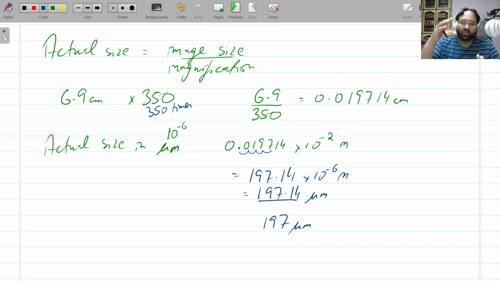So whatever the actual size was, it's shown bigger 350 times than it actually was. We calculated that and then wanted micrometers. Micrometers go up to 10 to the minus 6, so we converted that and got our answer.